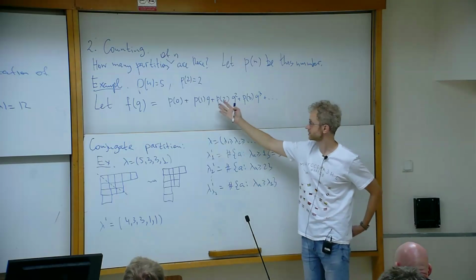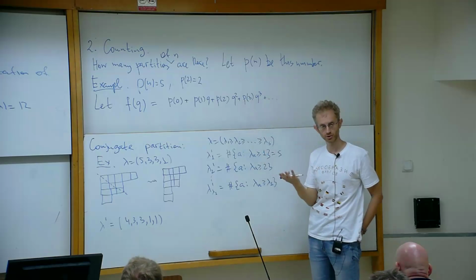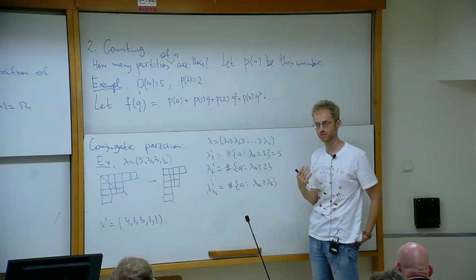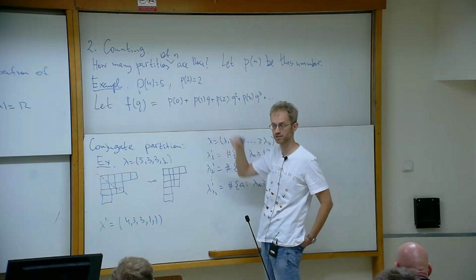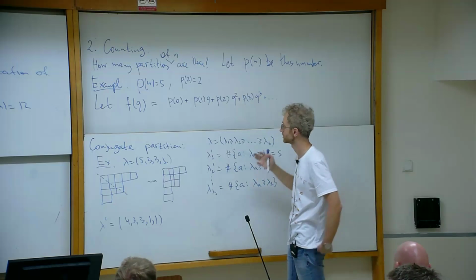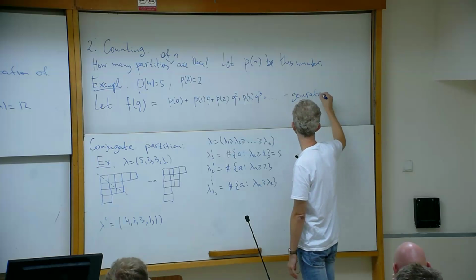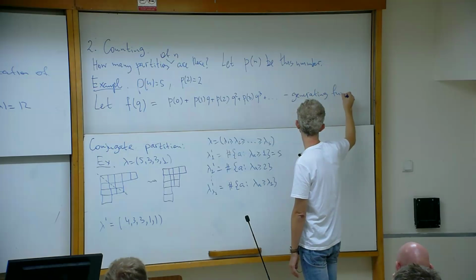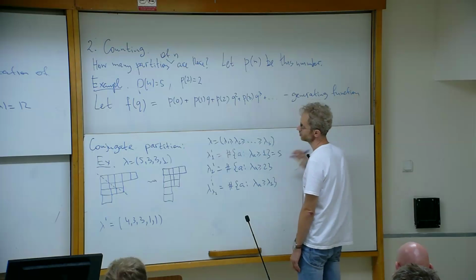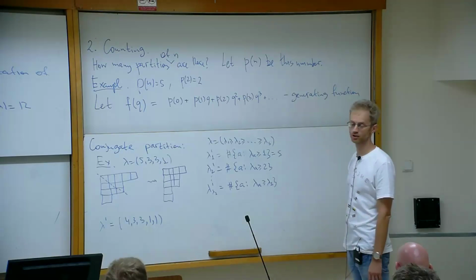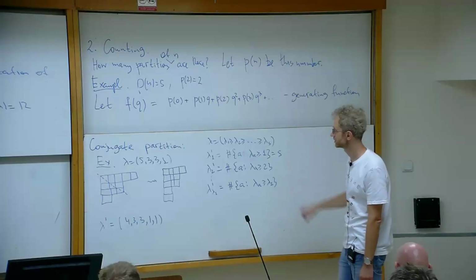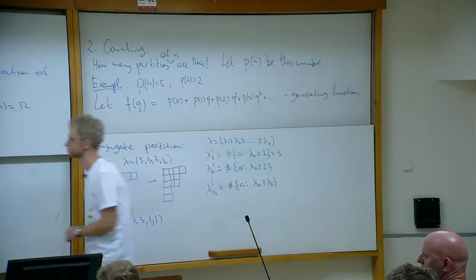Okay, so this is a series in the variable q, and the coefficients of the series are exactly the numbers we're interested in. This is what is called the generating function. And then you may ask if there is a closed formula for this thing, and indeed there is a closed formula.